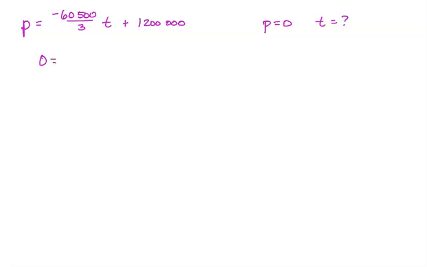So I have 0 equals negative 60,500 over 3 t plus 1.2 million. I'm going to go ahead and add my slope times t to both sides to move that over to the left-hand side. So I have 60,500 over 3 t equals 1.2 million.